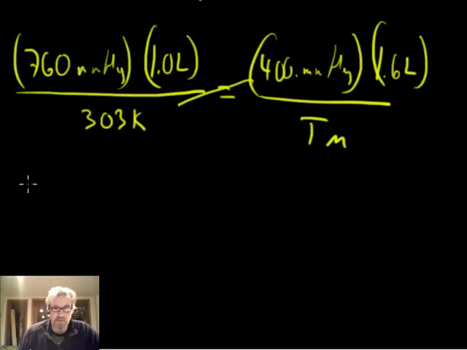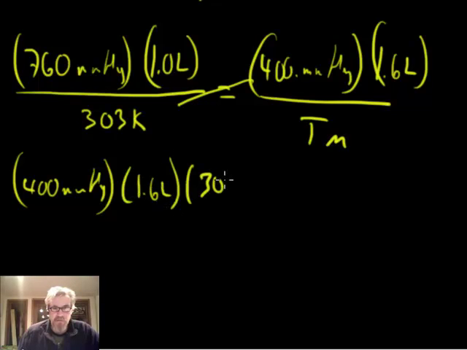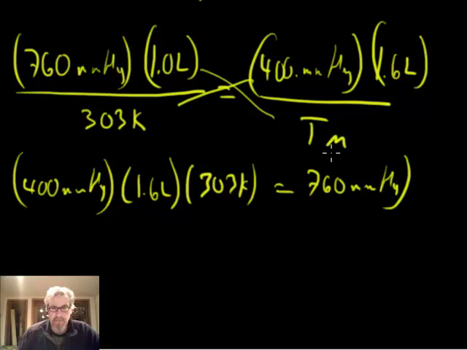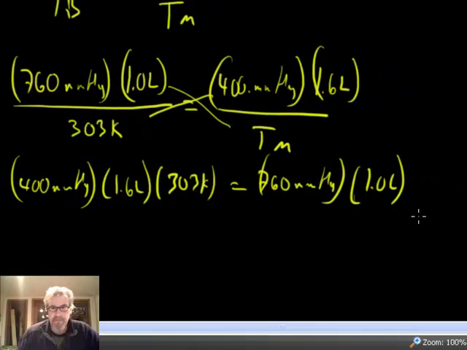Multiplying this diagonal, we get 400 millimeters of mercury times 1.6 liters times 303 kelvins equals the other diagonal, which is 760 millimeters of mercury times 1 liter times the temperature on top of the mountain.